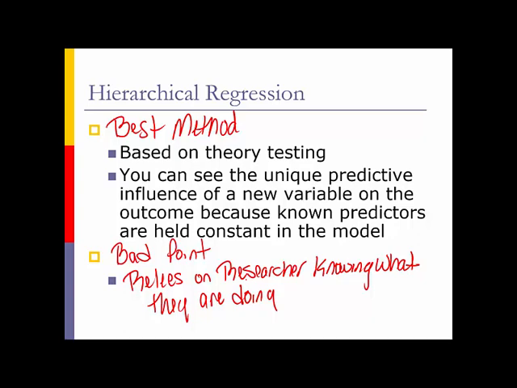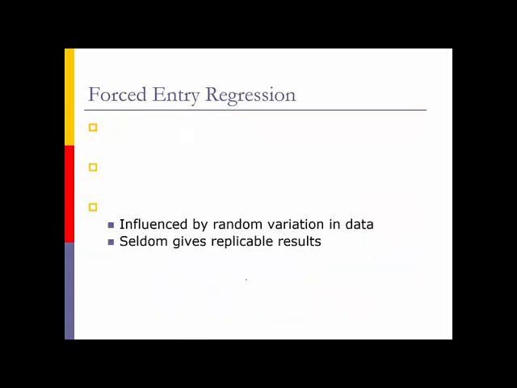If they don't know what they're doing, they could get a really poor model out of this, and or a very inaccurate model, which would be even worse. So that's the only bad point for hierarchical regression. There's bad points with the other models, with the other methods too.